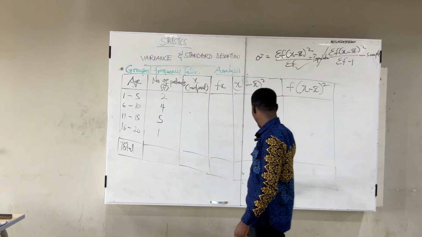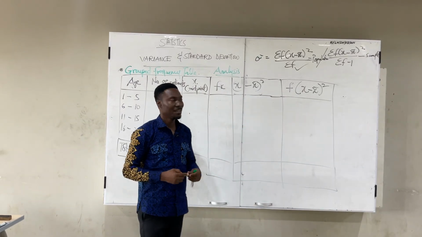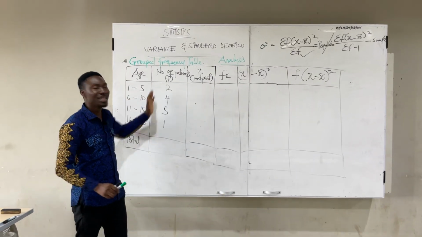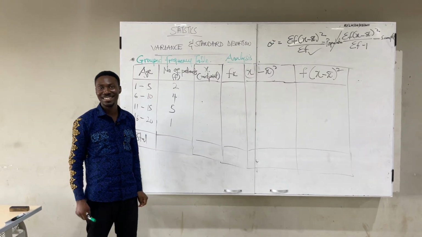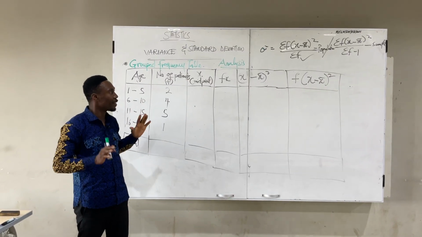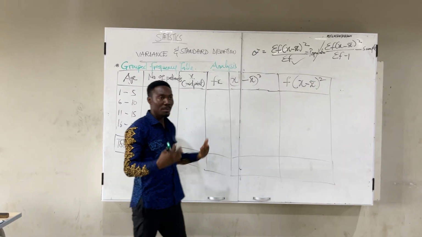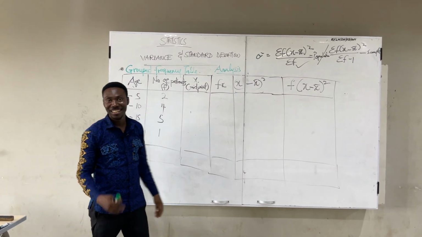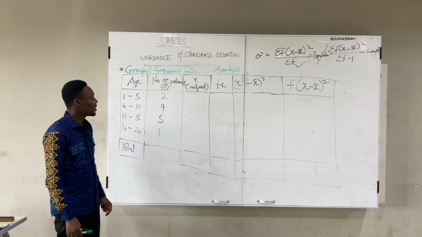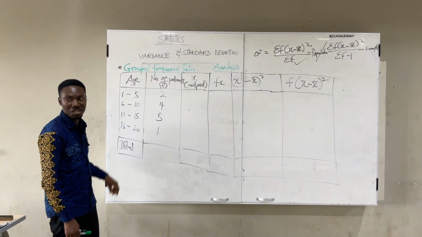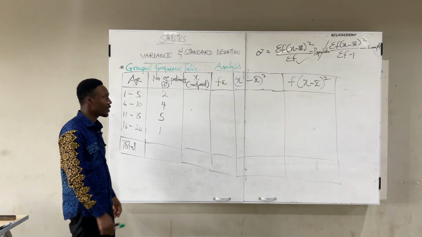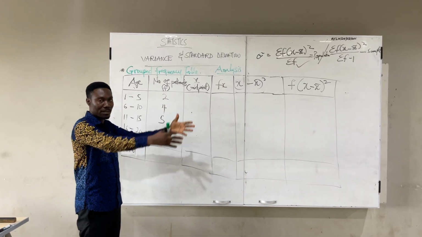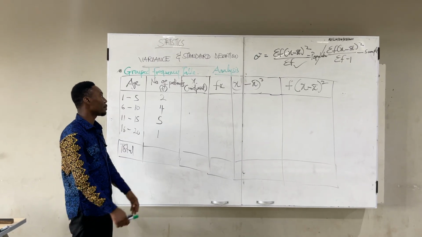Even if you don't know anything, just by demonstrating that you are aware of this process, that alone comes with some marks. By stating the formula and competently demonstrating the columns that have to be created, that alone will give you some marks. Is that okay? Yes. So in statistics, you don't always need to solve everything to arrive at the final answer before you gain enough marks. Just by demonstrating some competence on some of the things that have to be done, it comes with some marks.